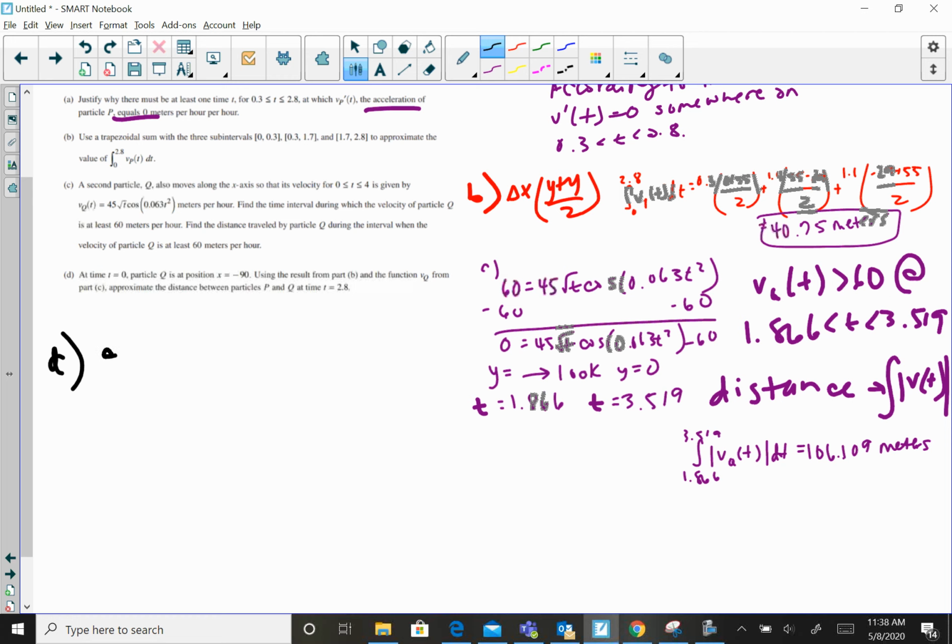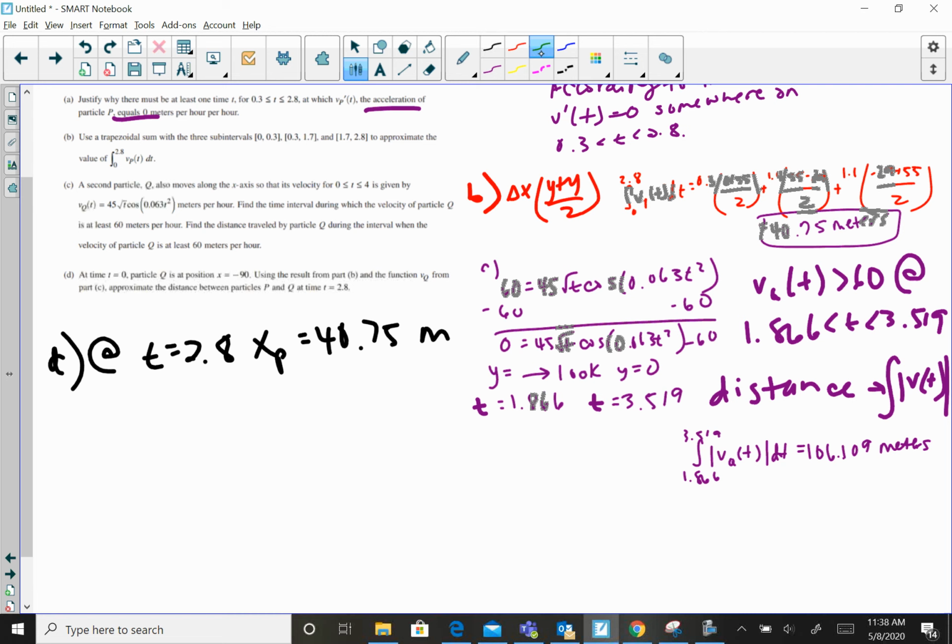So we know at time equals 2.8, position, which I'm going to use x of P, particle P, is 40.75 meters. We found that in part B.